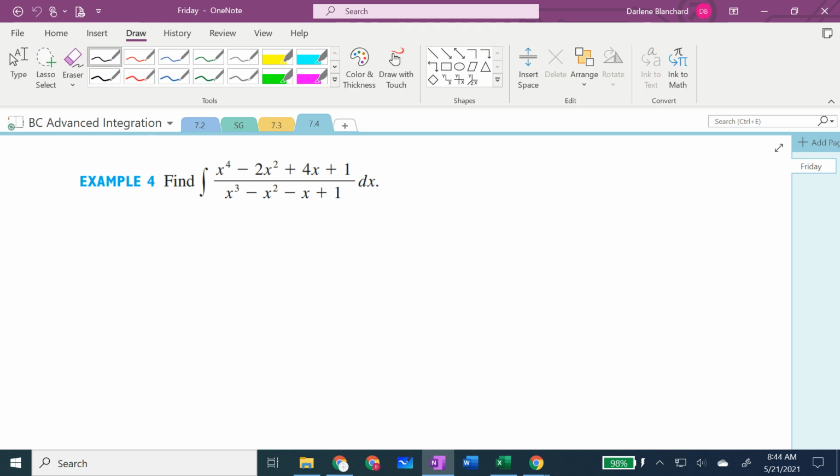I'm going to go ahead and do the box division. Whatever I'm dividing by, the x cubed minus x squared minus x plus 1, I'm going to put that over here to the side.